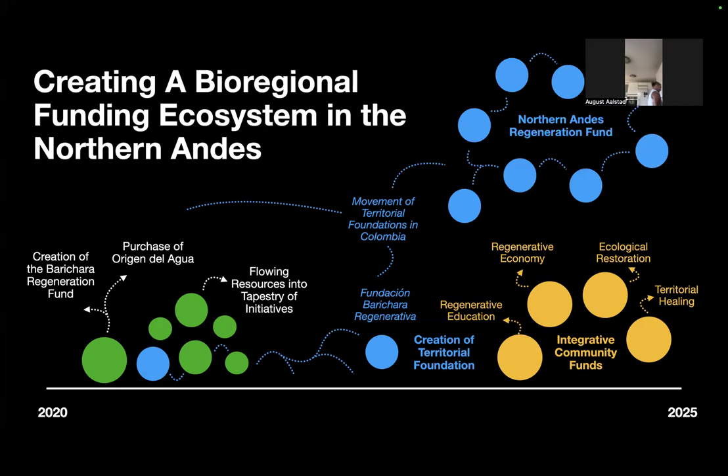So we created the Northern Andes Regeneration Fund by replicating the administrative structure of Barichara Regenerativa into a fund that is currently a collaboration between 7 territories. Barichara is one of those territories. So you can see this growth process of a way of organizing for bioregional regeneration at the scale of the Northern Andes and at the scale of our 500,000 hectares of land in the surrounding territory of Barichara.